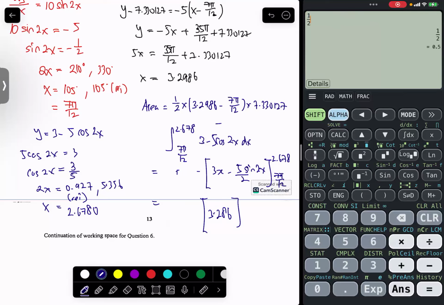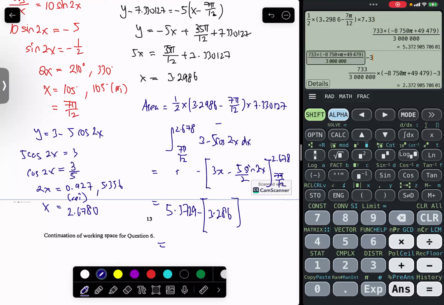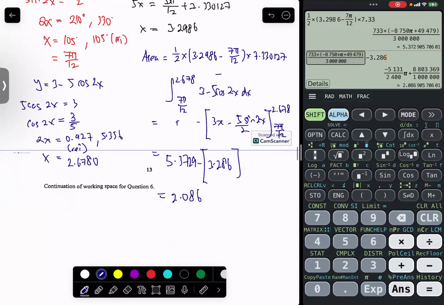Half times bracket 3.2986 minus bracket 7 pi over 12, multiplied by 7.33, so 5.372, minus 3.286, equals 2.086. So round off, 2.01 unit square.